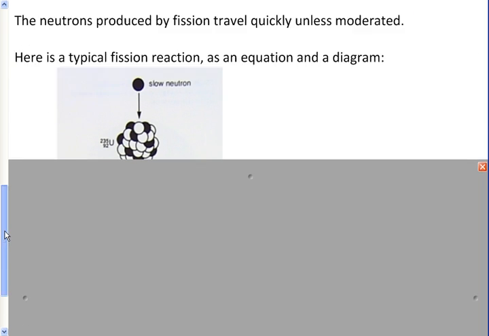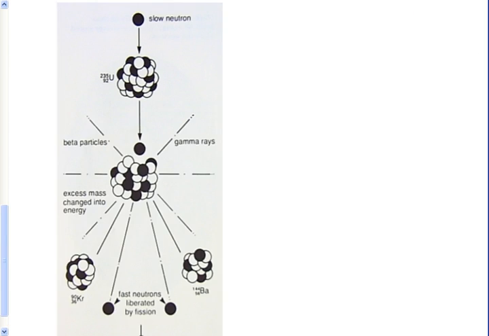So here's a typical fission reaction. What we have is our uranium nucleus right here, and we have a slow neutron moving towards this uranium nucleus. After the uranium nucleus gets hit, what happens is we get a lighter element, krypton in this example, gets shot out one way. We get barium, another lighter element, gets shot out the other way.